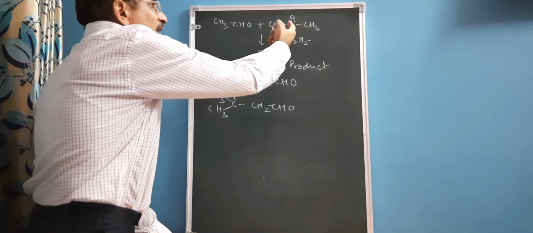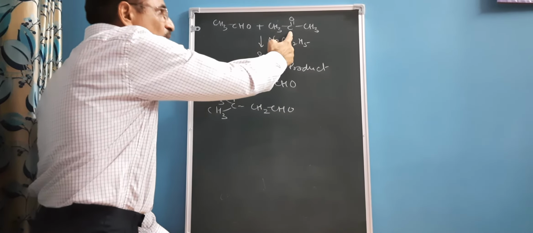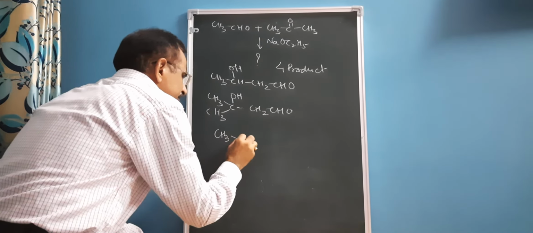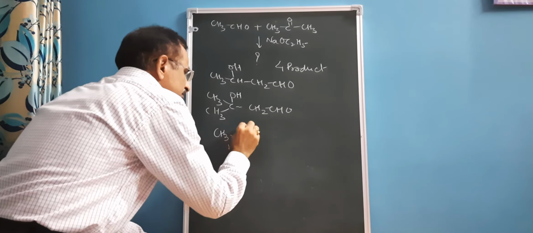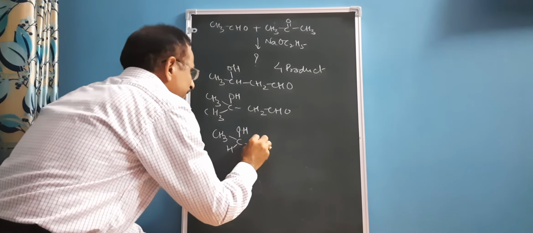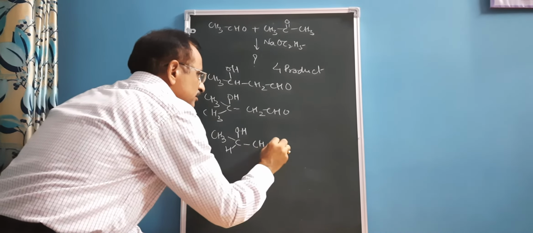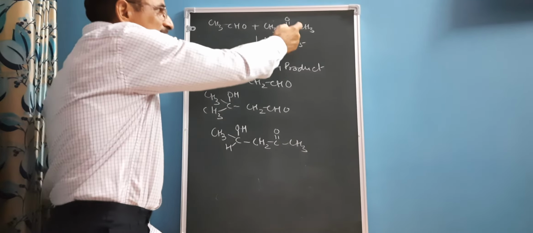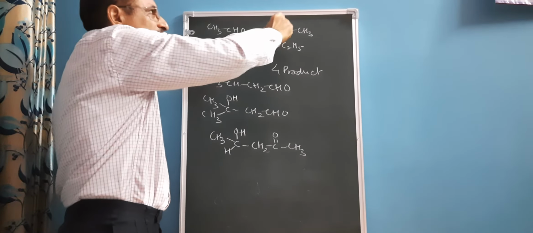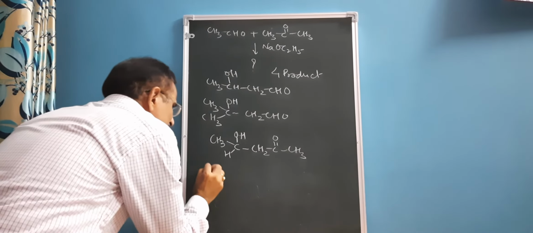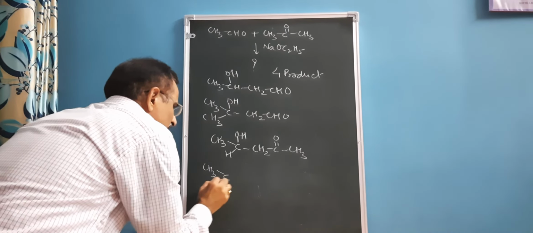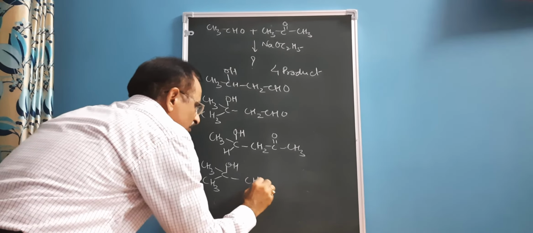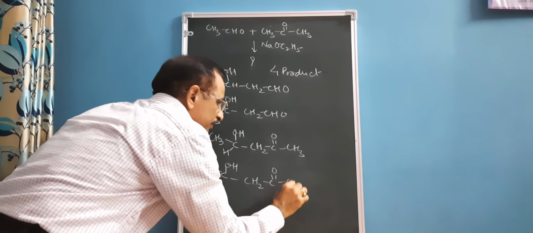And if the carbanion of this ketone approaches the aldehyde, then we have this product. And once the carbanion of this ketone approaches the carbonyl carbon of the ketone itself, in that case, formation of this product will take place.